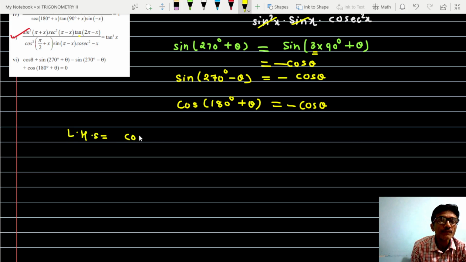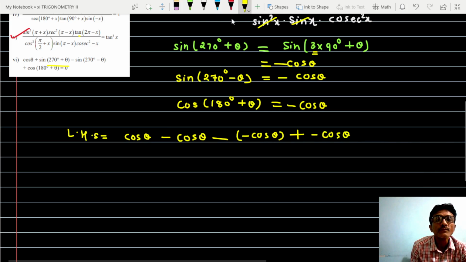So LHS is equal to cos theta. What is sine of 270 plus theta? Minus cos theta. Then minus sin of 270 minus theta, what is that? Minus cos theta. Plus cos of 180 plus theta, which is minus cos theta.